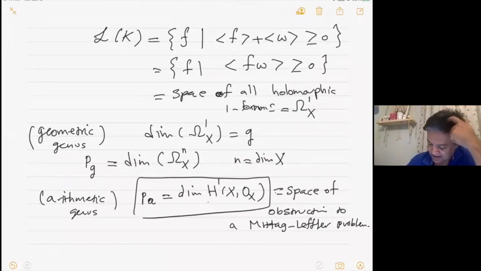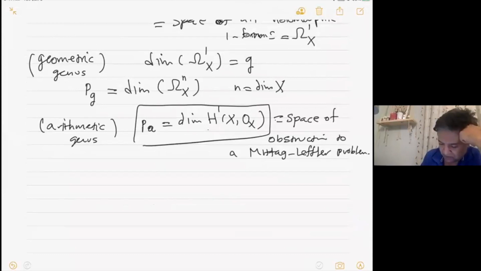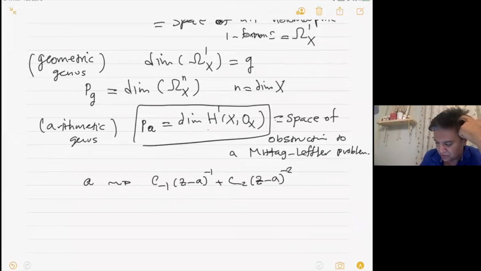And the problem that he studied in the 19th century is about finding meromorphic functions on C with prescribed singular parts. So you have some point like a, and you give me the singular part of your function. That means (z minus a) to the power -1, (z minus a) to the power -2, up to (z minus a) to the power -n.